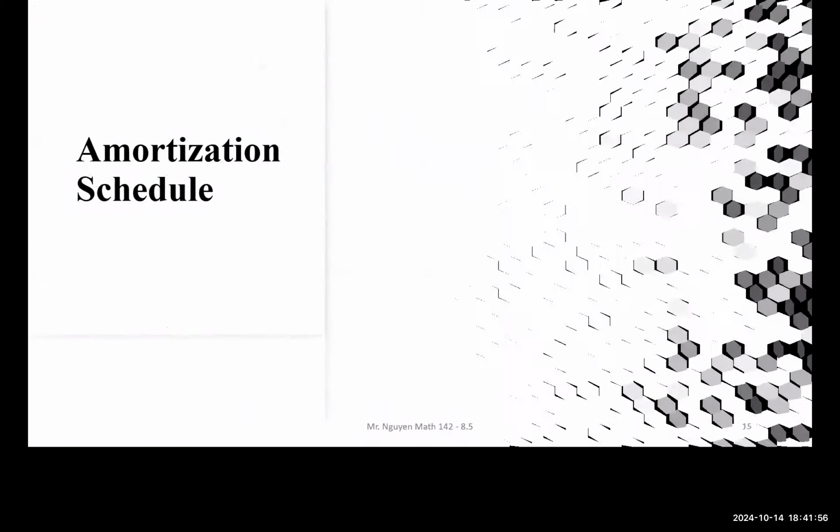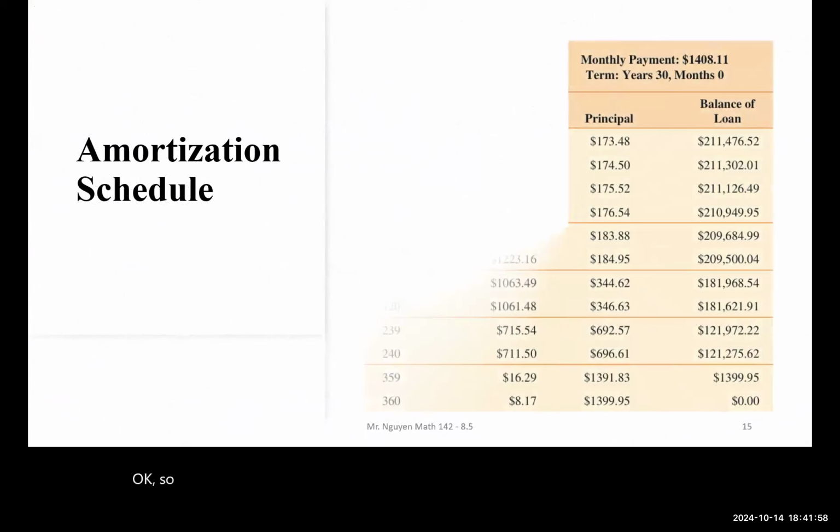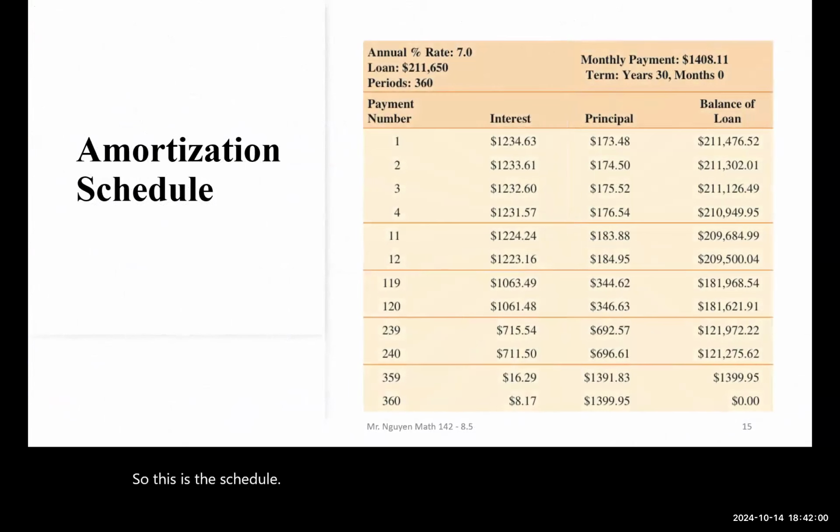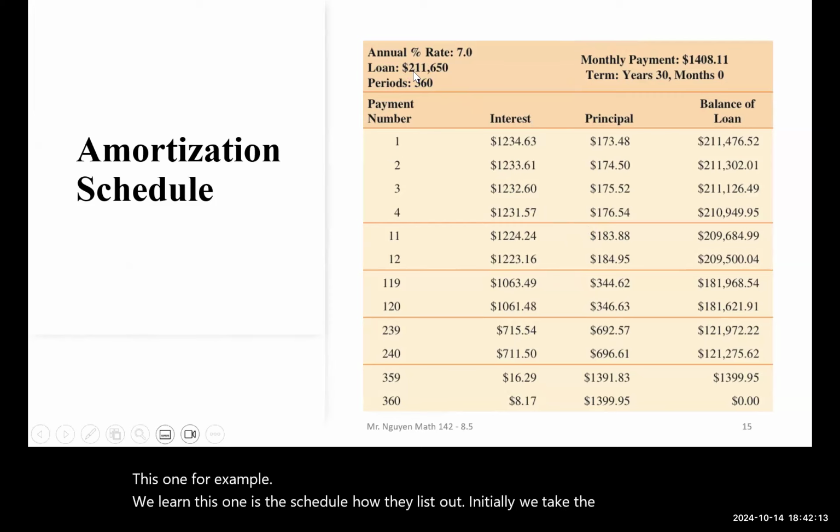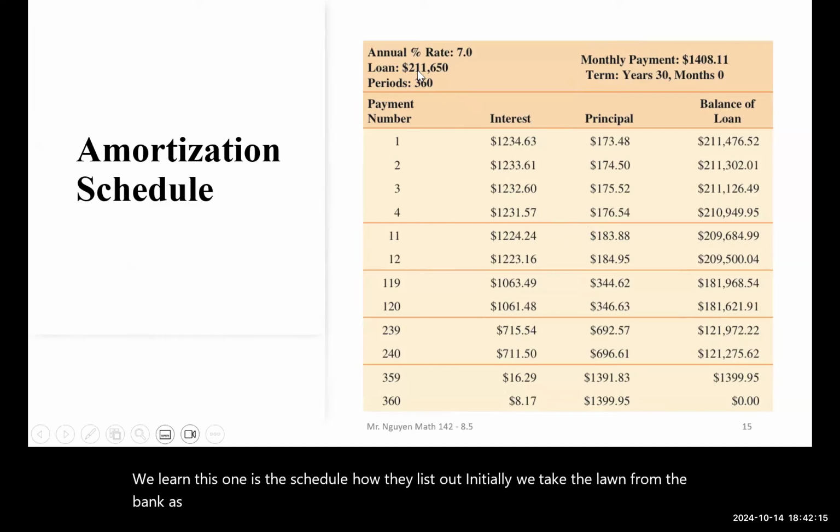So this is the schedule. This one, for example, we loan. This one is the schedule of how they list it out. Initially, we take the loan from the bank as $211,650, and we pay in 360 payments.